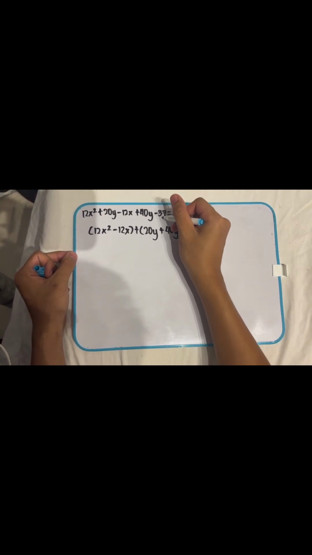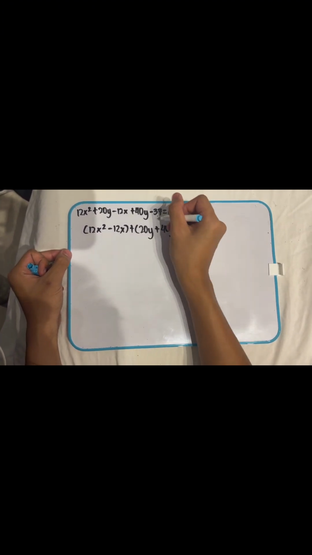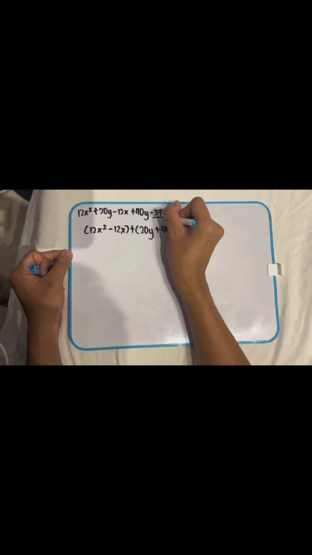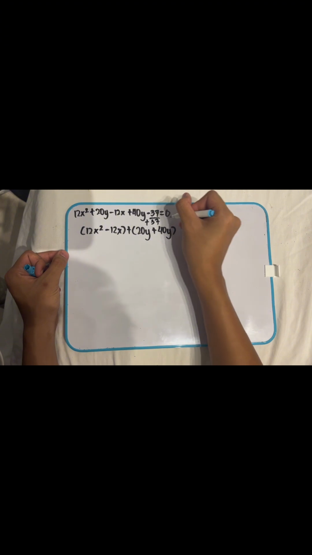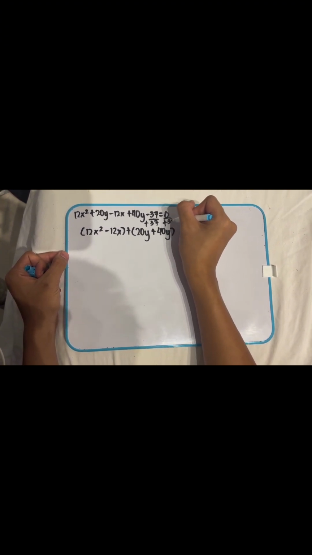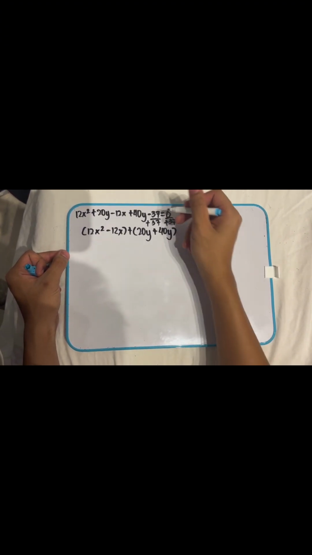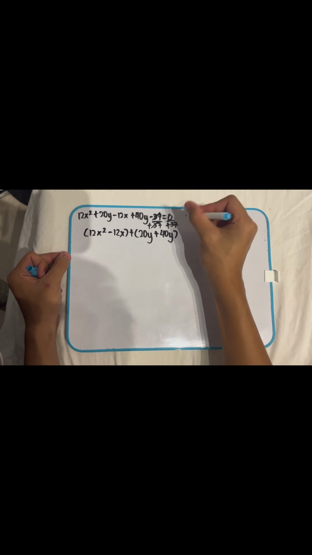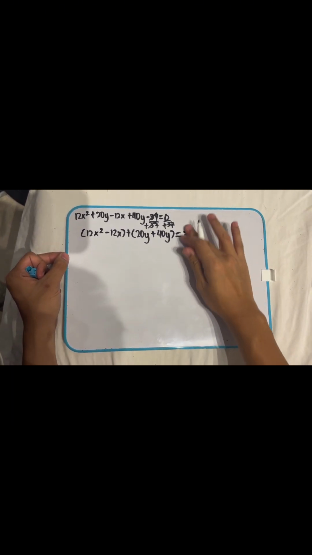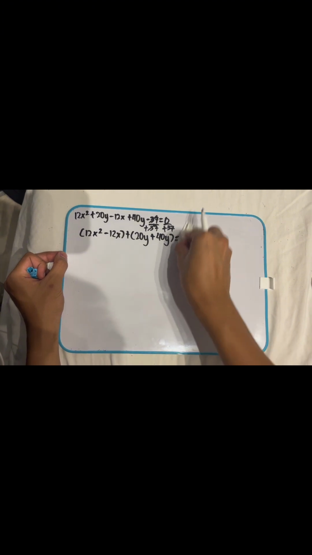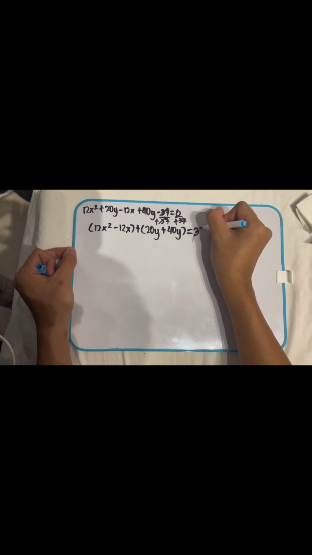Then transpose. Sorry, you can transpose, but this is for you to understand better. Add 37 to both sides. So this cancels out, and this becomes 37.